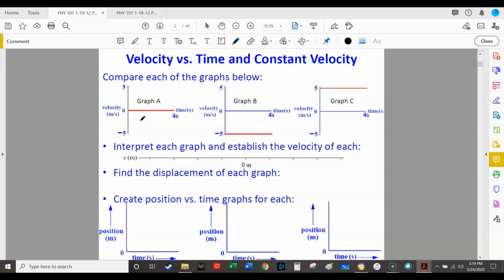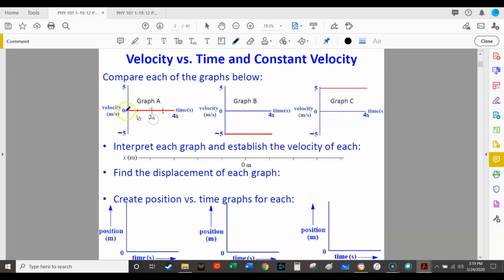On our graph, for graph A, you've got an object at the 1 second mark, 2 second mark, 3 second mark, and 4 second mark. Let's interpret what is being said here. At the 1 second mark, the red line is saying that you have a velocity of 0 meters per second.